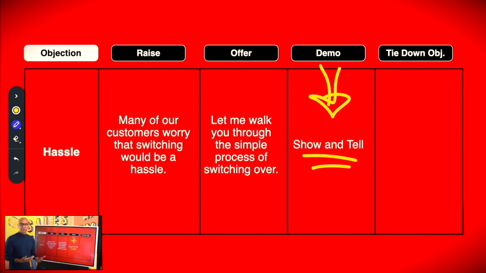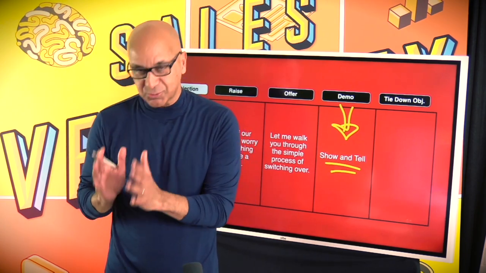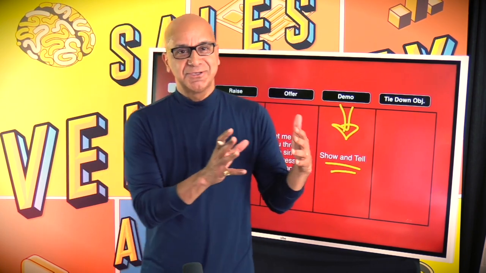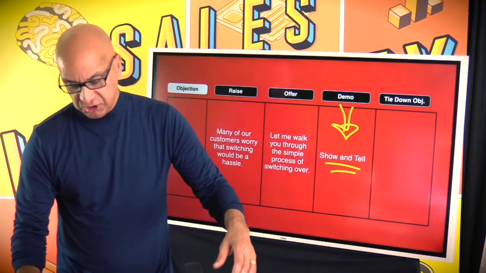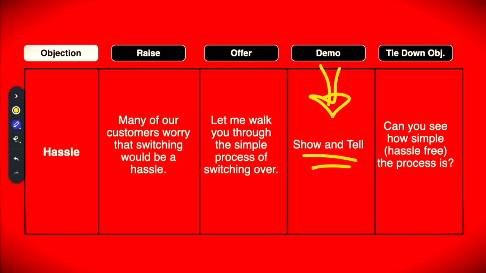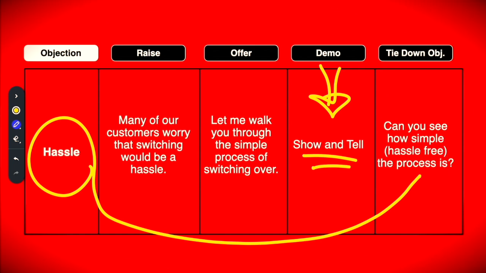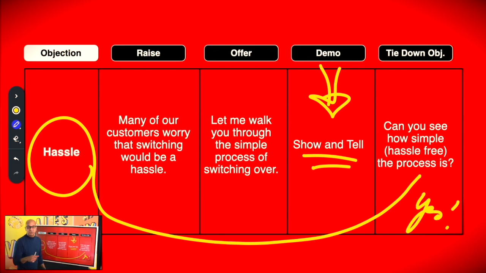You have to show them. So, for example, I would say, look, here's how we do it. Phase 1, step 2, step 3, and you're switched over, right? And then once you do the demo piece, you say something like this: can you now see how simple, in other words, hassle-free the process is? And as soon as they say yes, you've just tied down that objection.